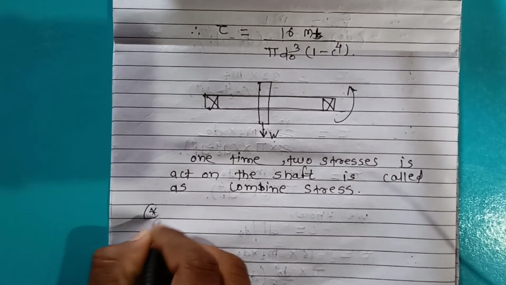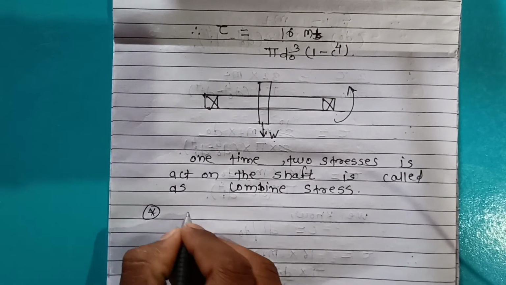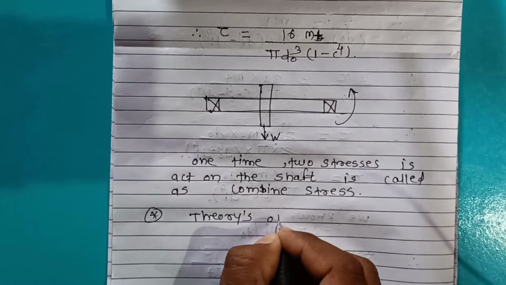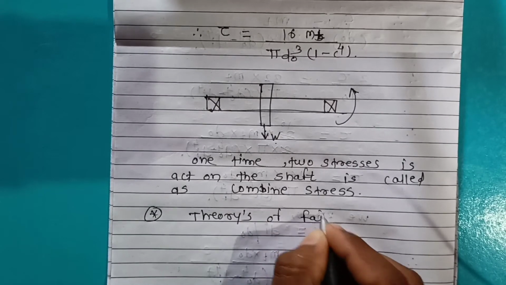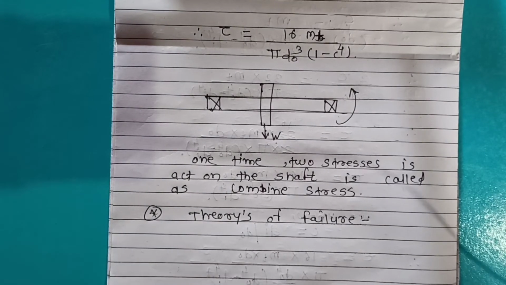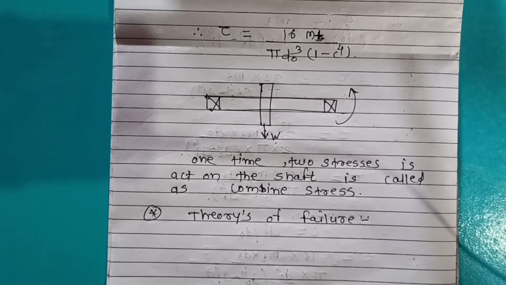Due to the combined stress it is necessary to use theories of failure. Now in the solid shaft we will use two types of theories of failure: the first is the maximum principal stress theory, and the second is the maximum shear stress theory.